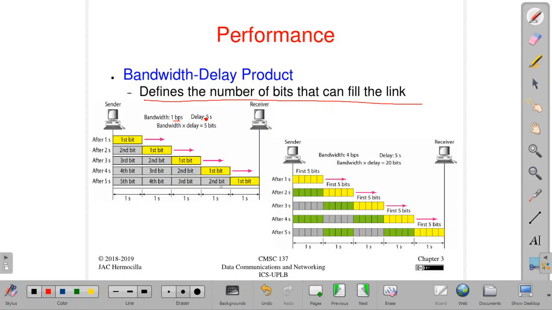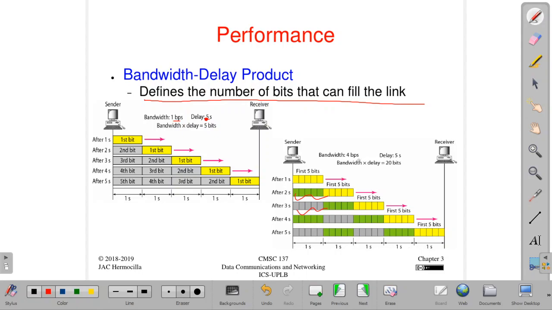But here, if you have a bigger bandwidth delay product, in 1 second you can send the first 5 bits, and then the second 5 bits, the third 5 bits. 1, 2, 3, 4, 5.